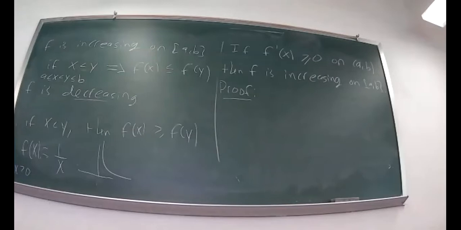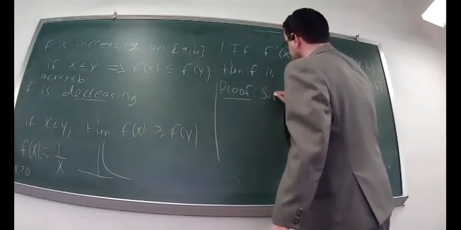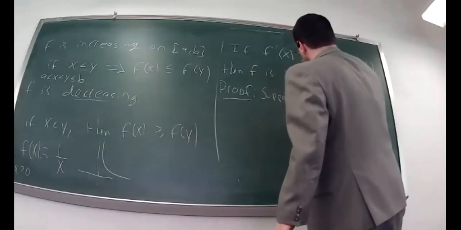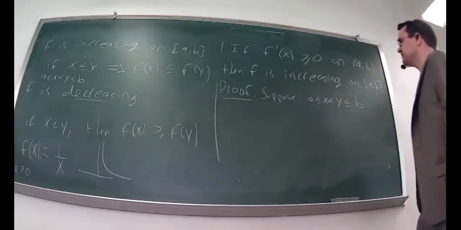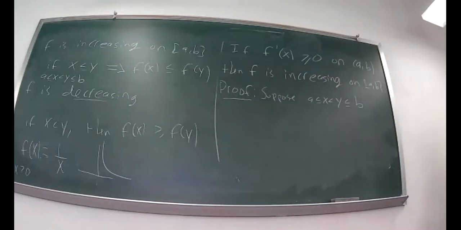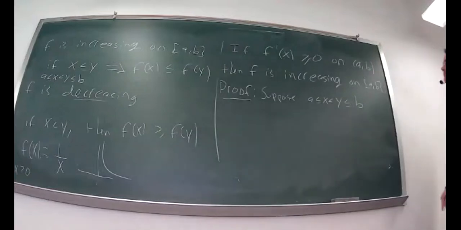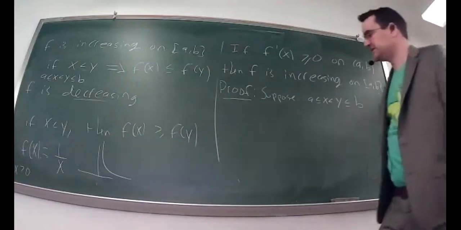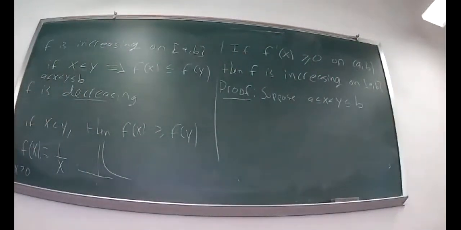So to prove this statement, I want to verify the definition of increasing. I want to say that if this happens, then that happens. So I can start out by saying, suppose a is less than or equal to x, is less than y, is less than or equal to b. And using the fact that this derivative is non-negative, and using the assumption that x is less than y, and bigger than or equal to a, less than or equal to b, I need to conclude that f of x is less than or equal to f of y.